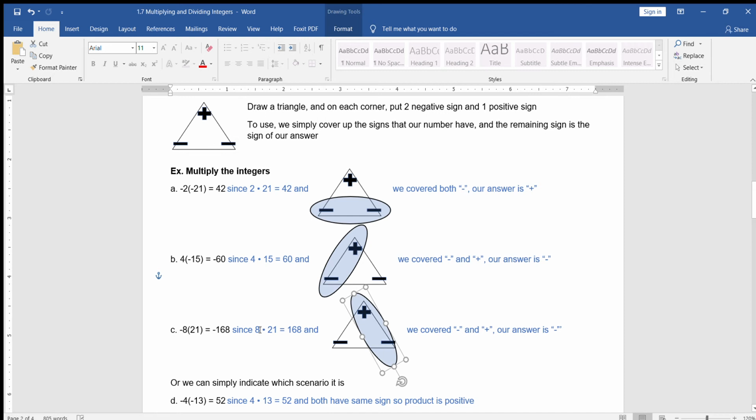Negative 8 times 21 is negative 168, since 8 times 21 is 168, and when we cover the positive and a negative, our answer will be negative, since it's the remaining sign.